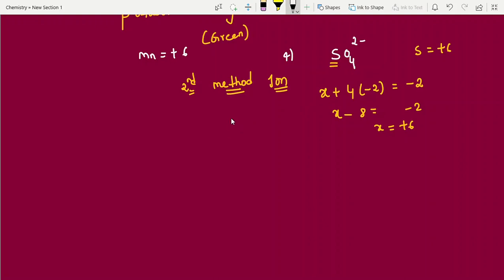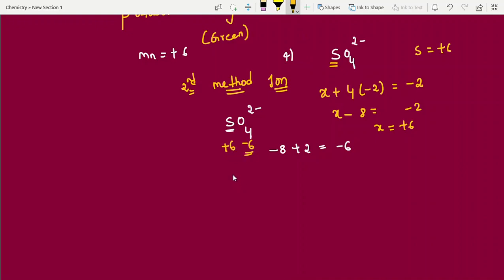SO4 2 minus. 4 twos are, see, sulfur you don't know, you can calculate. 4 twos are oxygen, you know, 4 twos are 8. That is minus 8. Right? So next, it gained electrons from someone. It gained, then you give it back, no? Then give it back. Minus 8 plus 2. What is this? Minus 6. Then what is oxygen? Yes, oxygen here minus 6. Oxygen minus 6 means sulfur definitely plus 6, no?